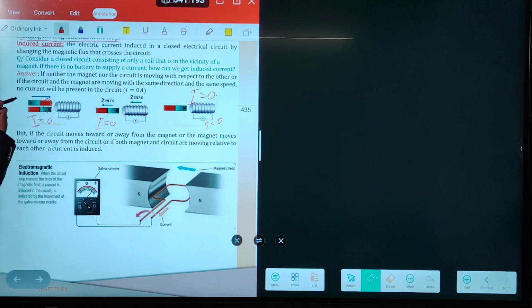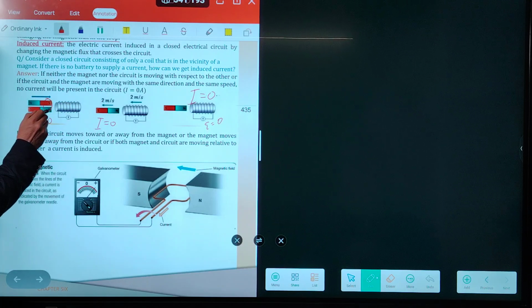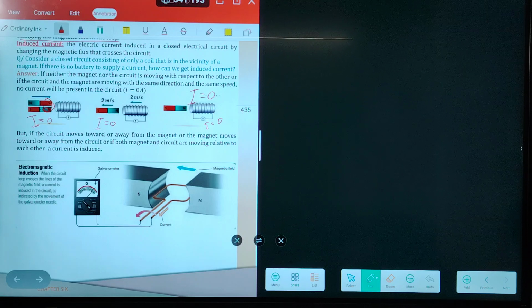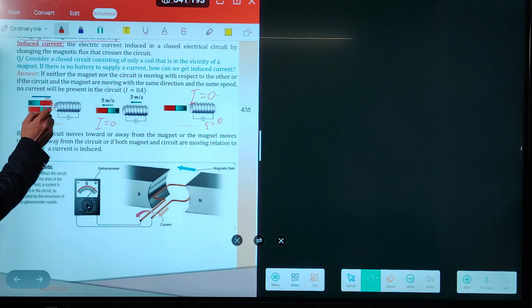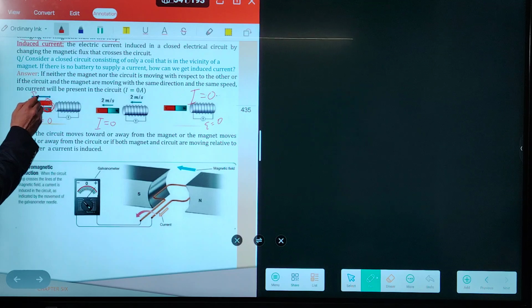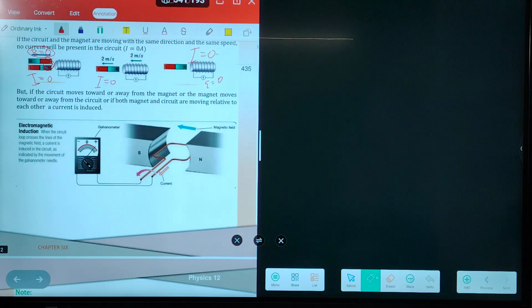Why does current not induce even in the presence of relative motion between the magnet and the coil? Because the effect of the magnetic field of one magnet cancels the other, the total field becomes 0, and there is no change of the magnetic field.